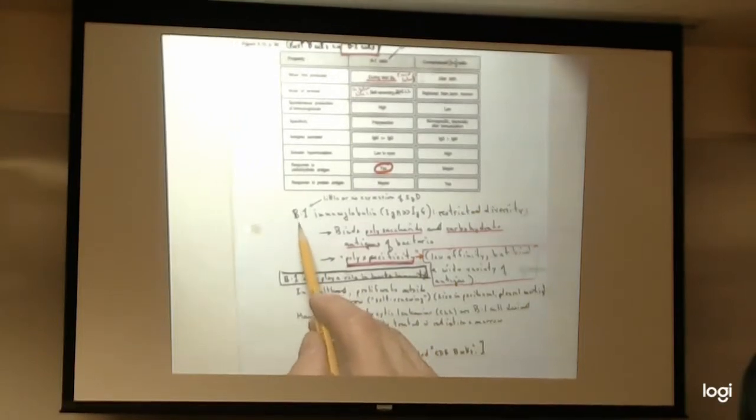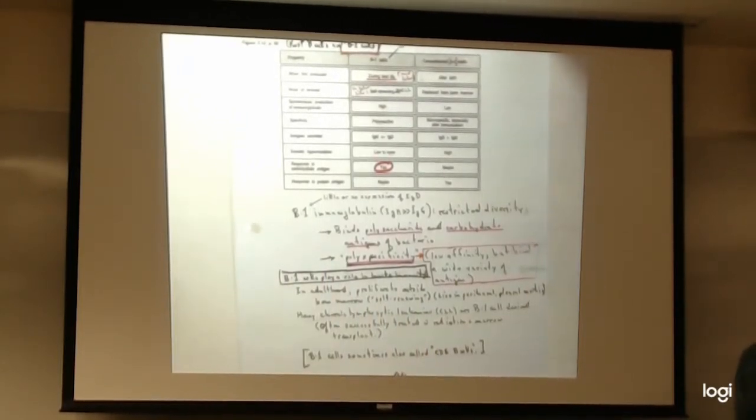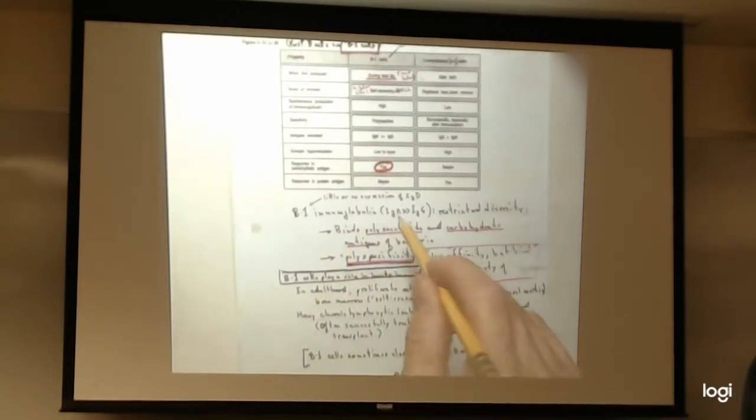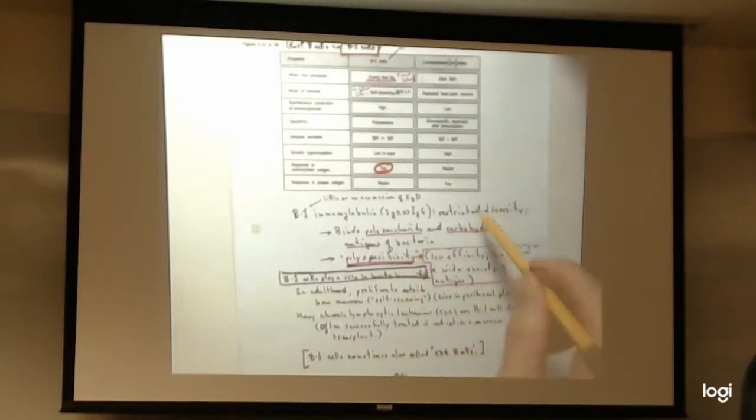Remember our main B cells, the B2 cells, they express IgM and IgD. The B1 cells, just IgM, little if any IgD. Okay.